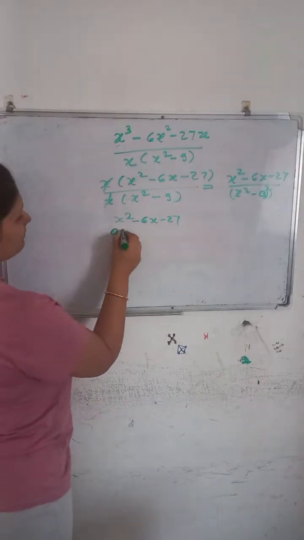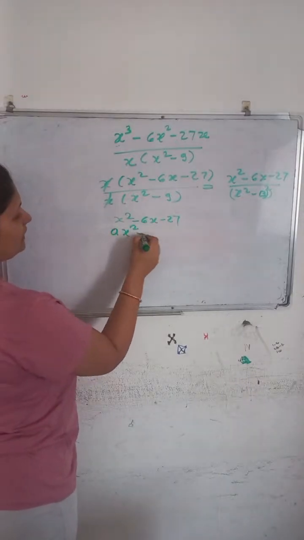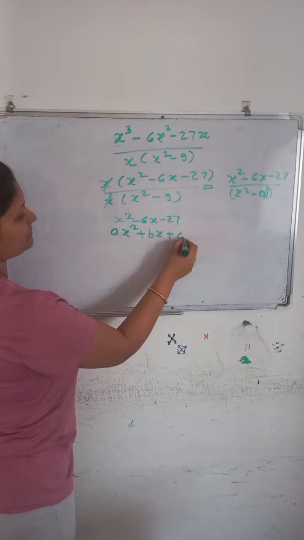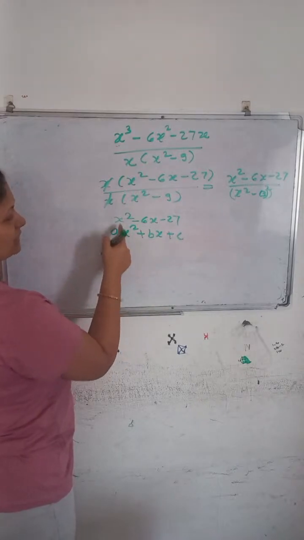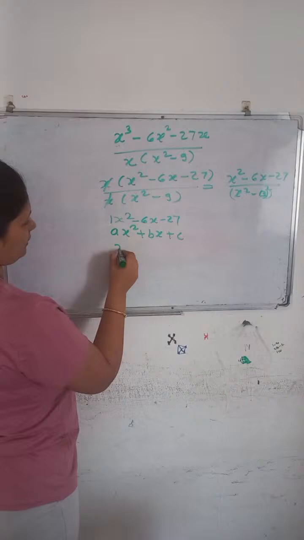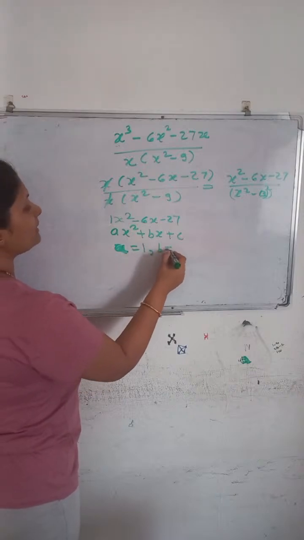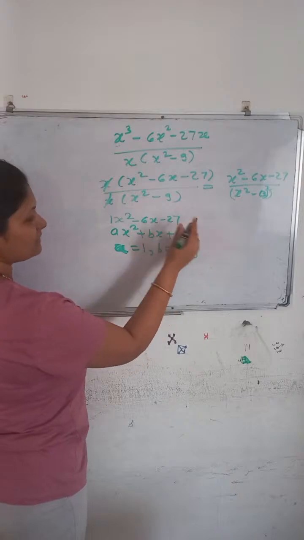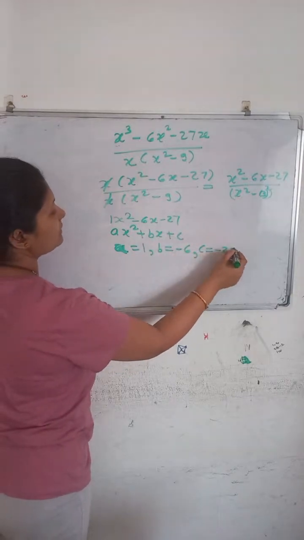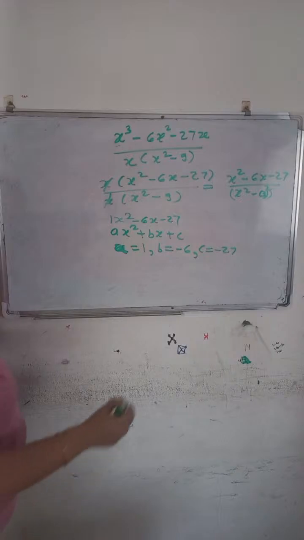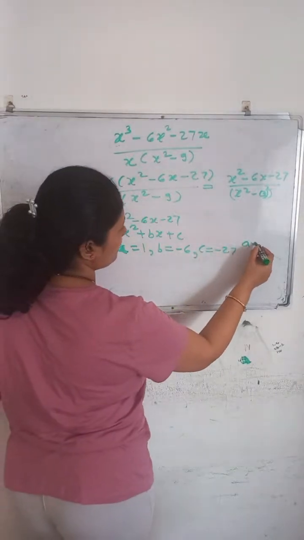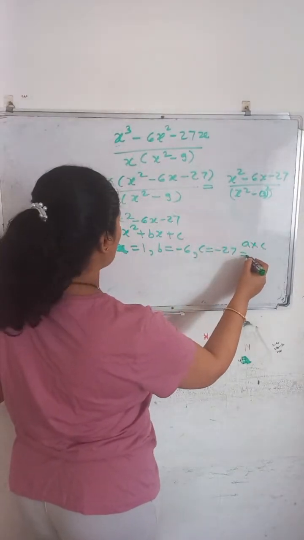We are comparing this with the standard equation ax square plus bx plus c. A is the coefficient of x square and here it is 1. So a is 1, b is minus 6 and c is the constant, that is minus 27.